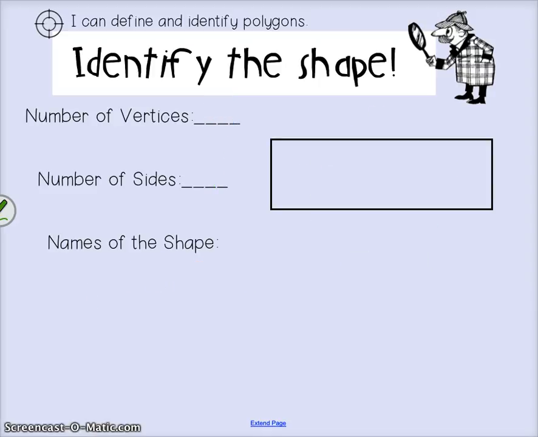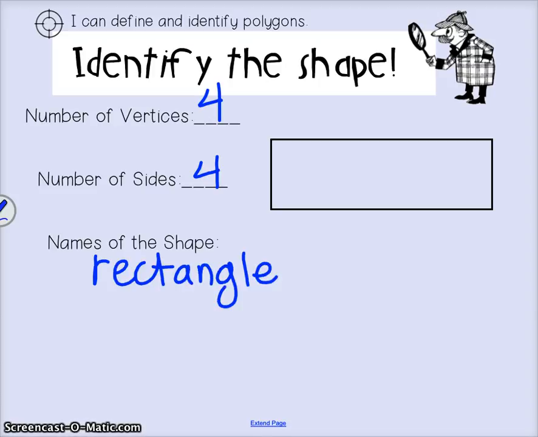What about this shape? Number of vertices. I know a rectangle has 4 vertices and 4 sides. So I'm going to write down that name, rectangle. Is it a square? Does it have 4 right angles and 4 equal length sides?